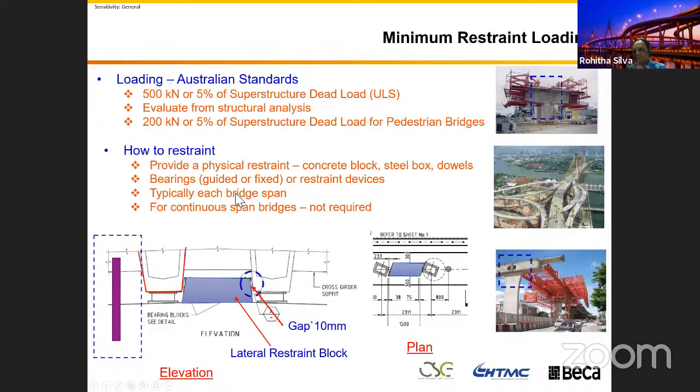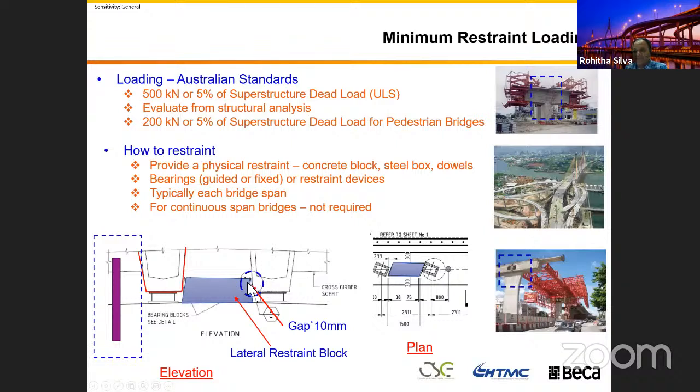The form of lateral restraint we provide in the bridge is a concrete block placed between the two girders. This lateral restraint block construction is actually very hard in the sides. It's extremely hard to build this element. You can see in the plan, it's between the bearing and between your girders. It also has very complex detailing.